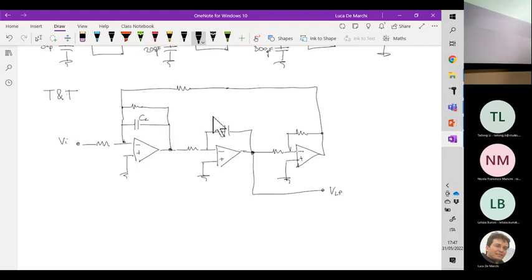This is, let's say, C1 and C2. This is resistor R2. This is R1. This is R3, R6, R4, and R5.